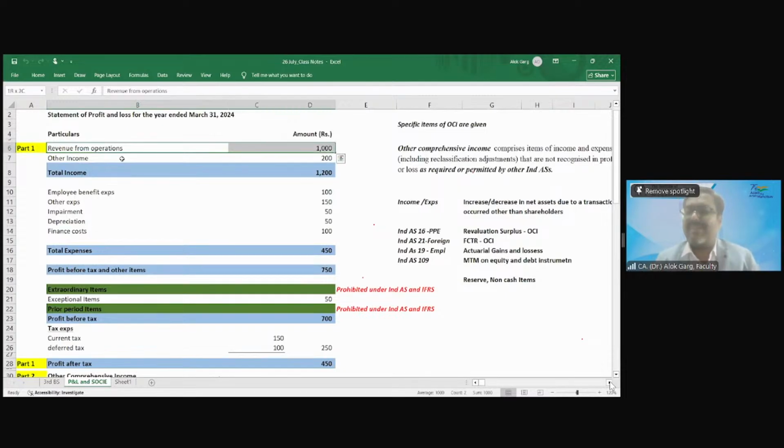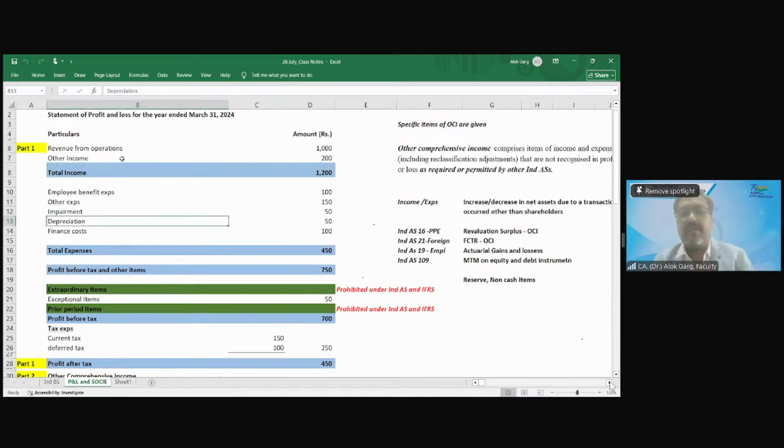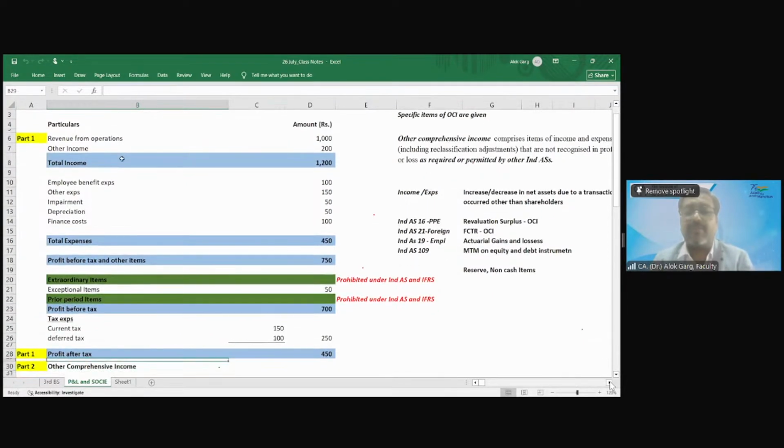In part 1, there is revenue from operation, other income, it is a total income, right? Then there are some expenses: employee benefit expense, other expense, impairment, depreciation, finance cost, then there is a total expense, then there is a profit before tax and other items, then there is an extraordinary item, exceptional item, prior period item, then there is a profit before tax, then current tax and deferred tax, then there is a profit after tax, and this profit after tax goes to retained earnings.